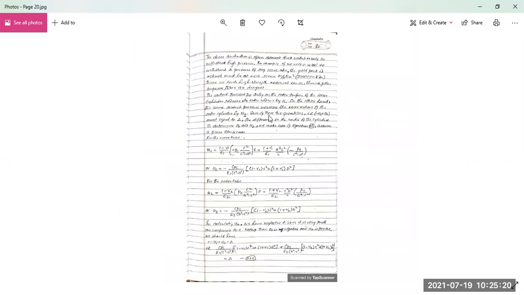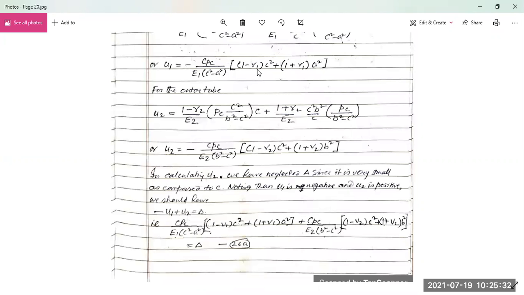And we have gamma 1 minus gamma 2 into E1 and 1 plus gamma 2 into E1, E2.